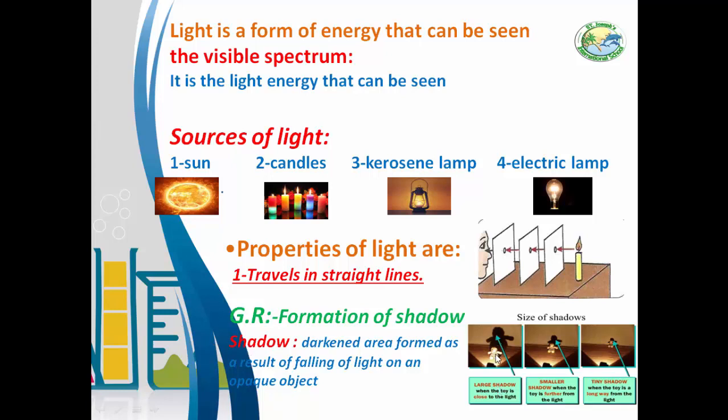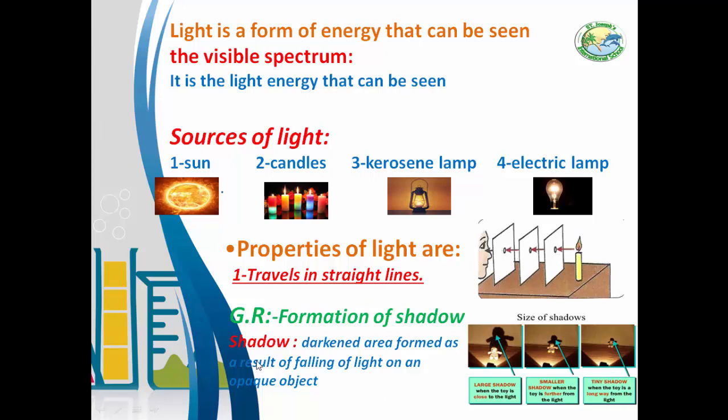We can see the shadow of this toy, and we can say that shadow is a darkened area formed as a result of falling of light on an opaque object. This toy is an example of an opaque object, and later in this lesson we will know the meaning of opaque object. When the light falls on this opaque object, which can't allow light to pass through, shadow is formed.